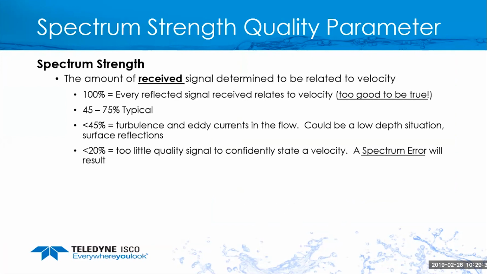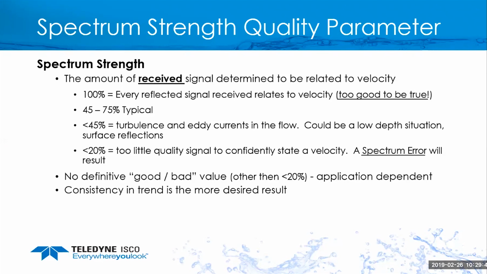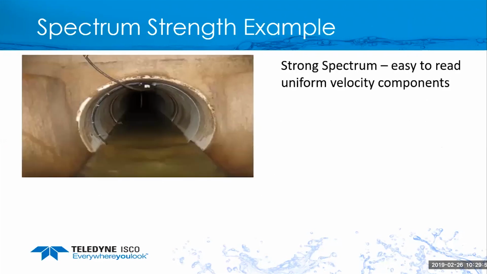One thing I watch on that is, once again, consistency. If it starts out at about 60% and then over time it starts dropping, that tells me I'm starting to get sediment or debris covering the sensor. I can use that as a maintenance tool for when to go out and clean the sensor. If it gets down to 20%, send somebody out to clean it, and my signal should go back up.